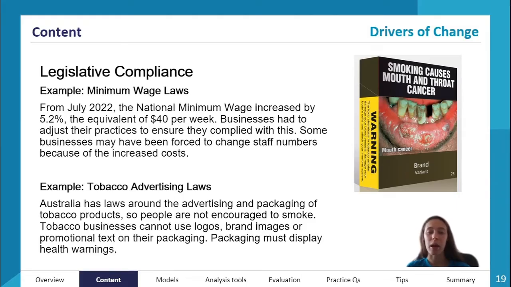Instead the packaging has to display those health warnings like we can see on this example packet here, with the unpleasant kind of picture, the idea of mouth cancer and throat cancer as well, and you can see the warning in yellow on the side there as well.